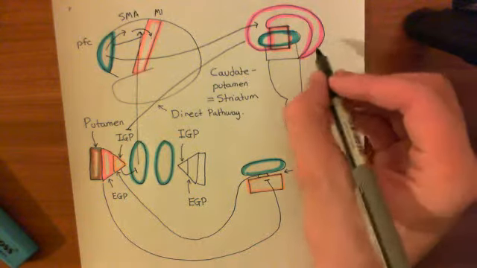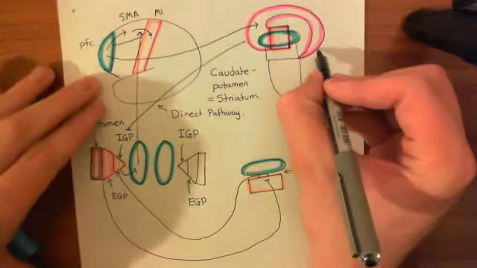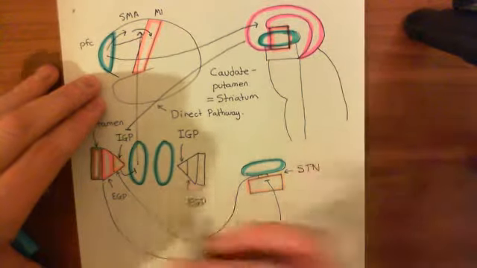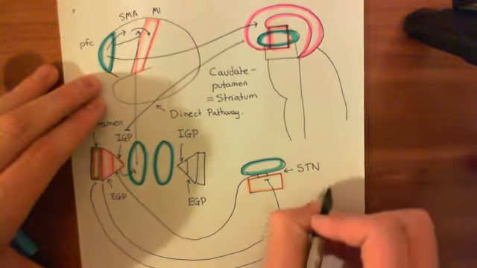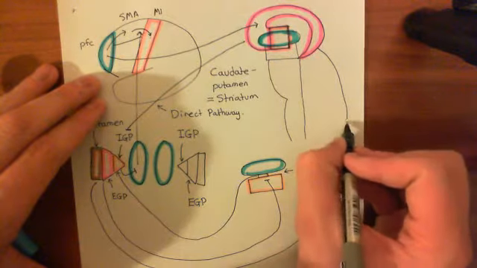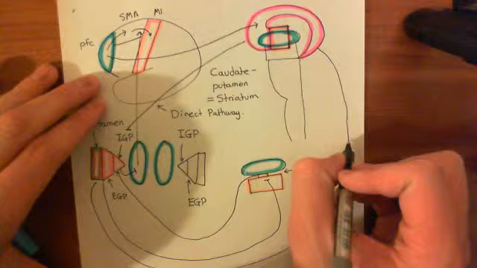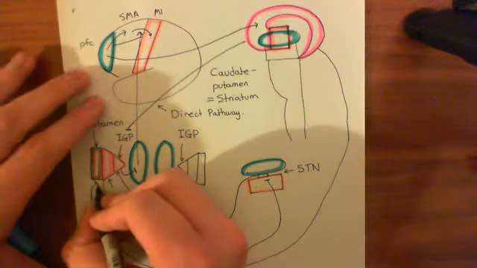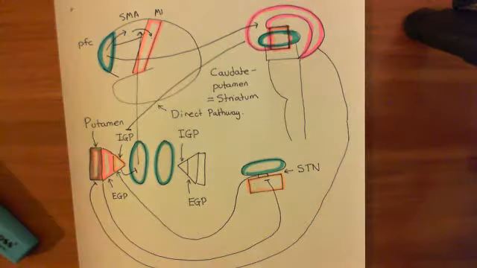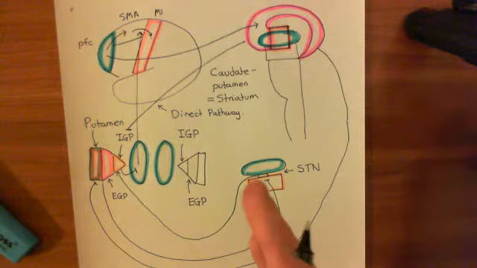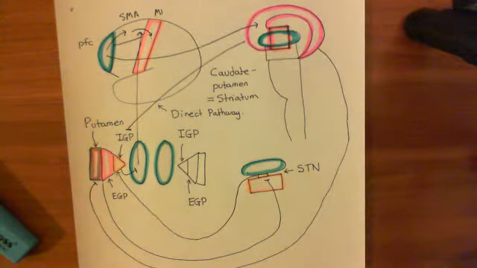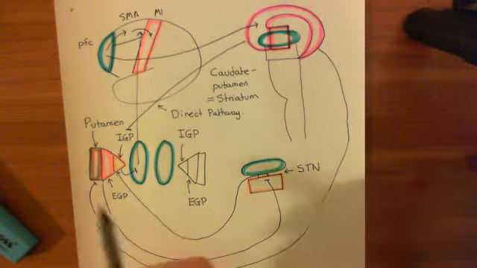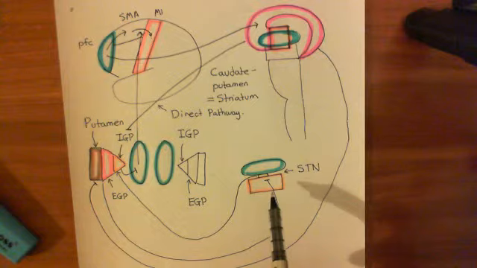But usually, the striatum inhibits the external globus pallidus. However, if it stops inhibiting the external globus pallidus, then the external globus pallidus will gain activity, and then it will inhibit the subthalamic nucleus.